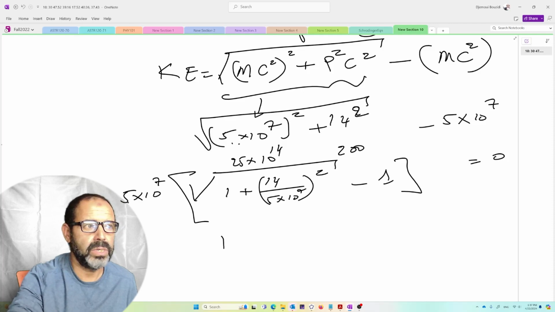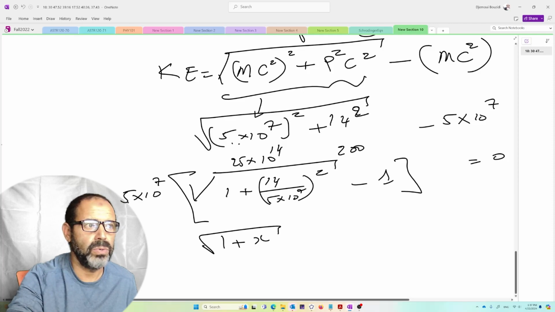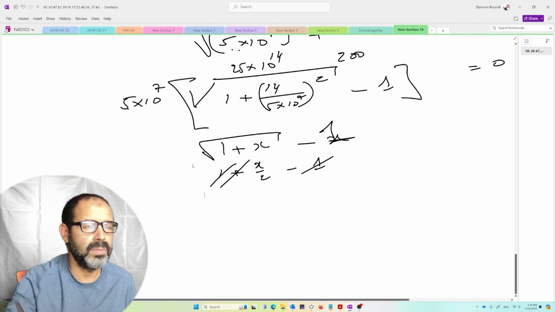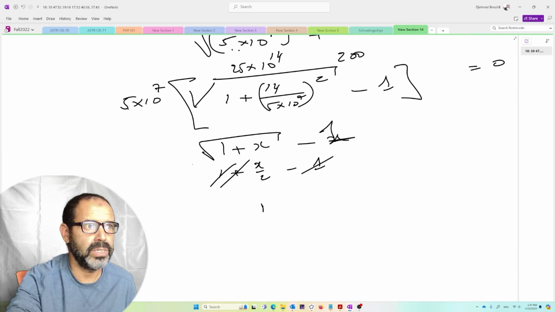Now if you do the Taylor series of the square root of 1 plus x minus 1, this is going to be 1 plus x over 2 minus 1, so practically it's going to be x over 2. It's this number divided by 2 times that, so the correct value for the kinetic energy is going to be 1/2 times 14 squared divided by 5 and some change times 10 to the power 7.